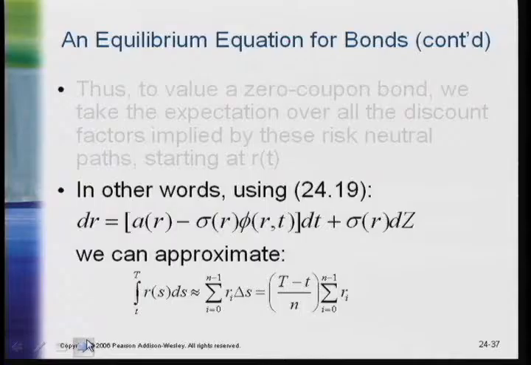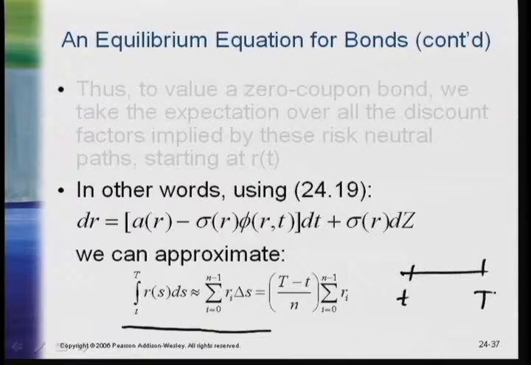But once we have that, how do we calculate this expected value? What does that mean? Well, the point is we can approximate an integral with a Riemann sum. This should look familiar. If I break the interval little t to capital T up into n steps, the usual procedure, I can approximate the integral by a Riemann sum, which is nothing more than a product of delta S, my notation for capital T minus little t over n, where n is the number of steps.